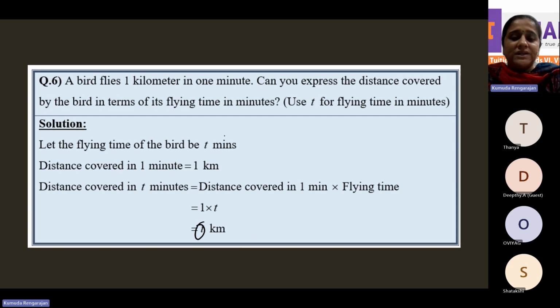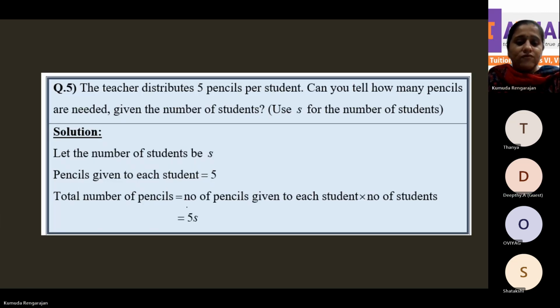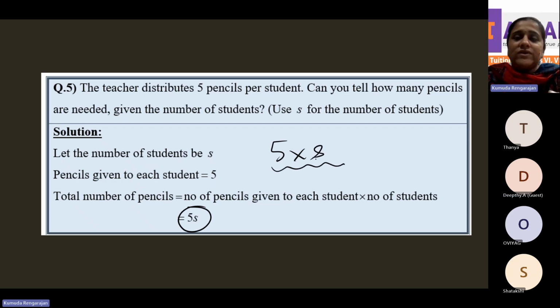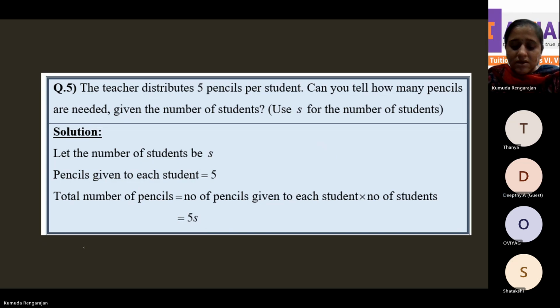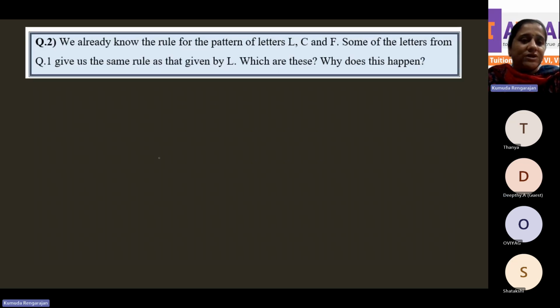So t is an algebraic expression. 5s, 5 into s, is an algebraic expression. When it's algebra, there should be a variable. s is the variable, 5 is the constant, and the operation is multiplication. And that's what we understood an algebraic expression is.